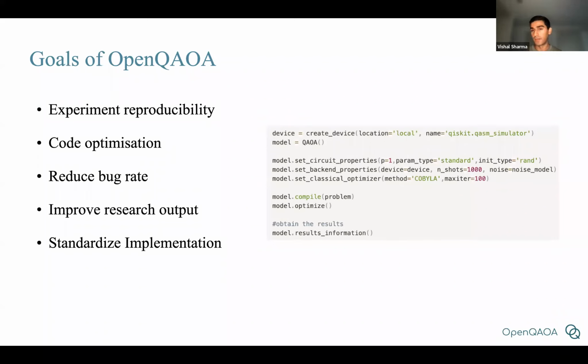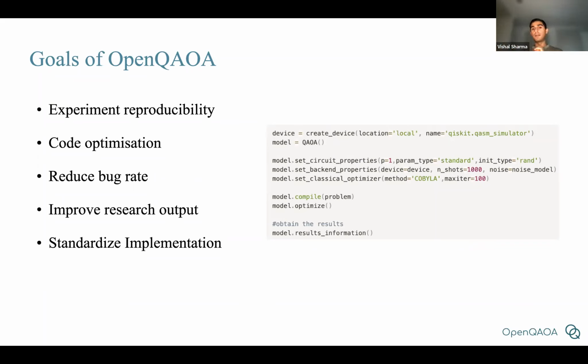All of this is taken care of by this optimize function. Your circuit is sent to the IBM servers. It runs the circuit, generates some measurement results, comes back, you compute the expectation value, you send it to the optimizer. The optimizer suggests new parameters, and then it goes back, constructs another circuit, sends it to the cloud, and so on. It just keeps repeating.